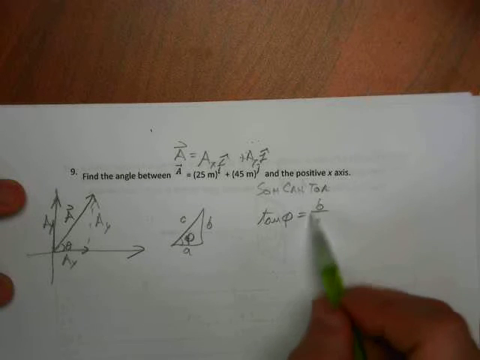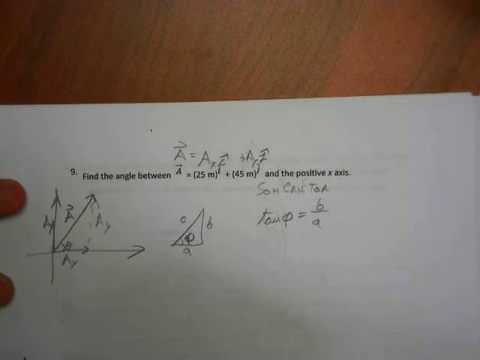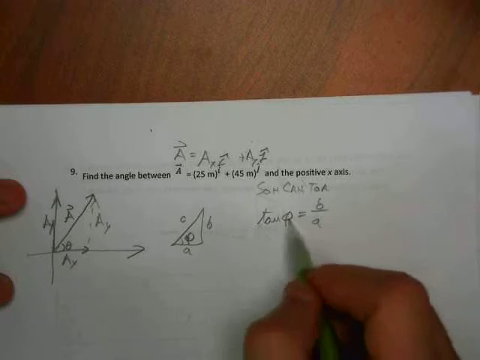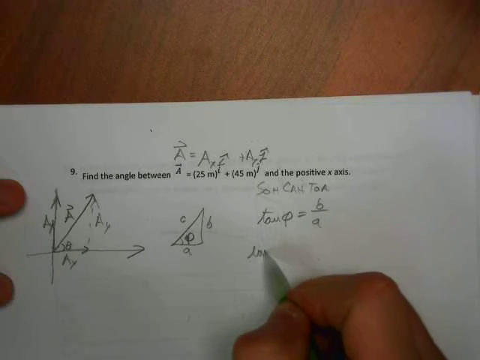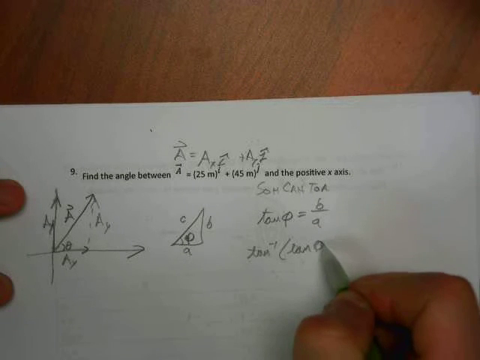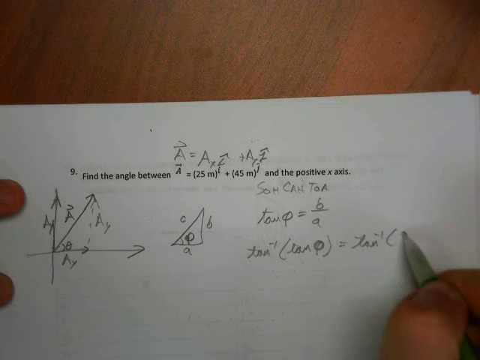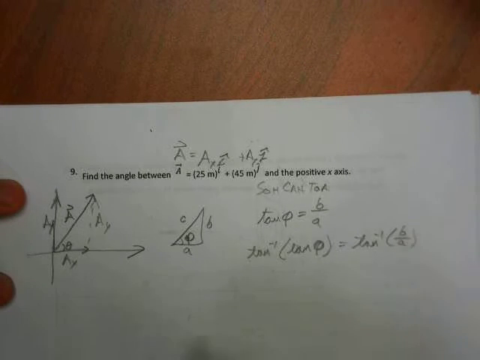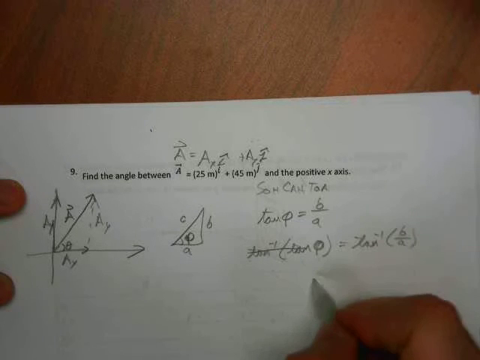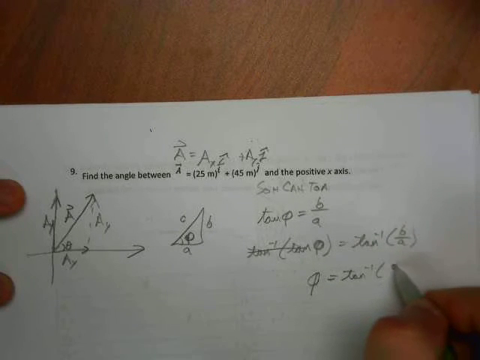So this is a unitless ratio. And if you wanted to find phi, you would have to do the inverse tangent to each side. Okay, and the tangent and the inverse tangent cancel out. B over A.